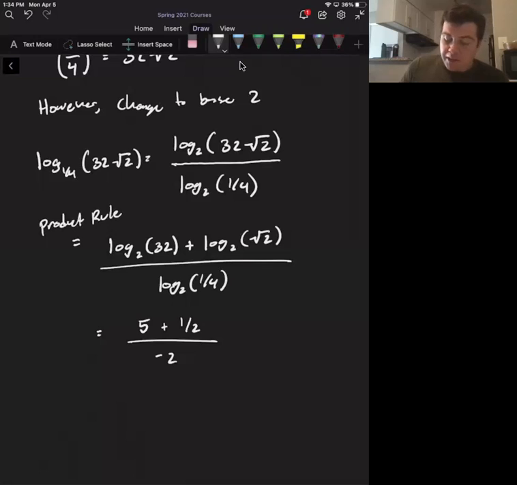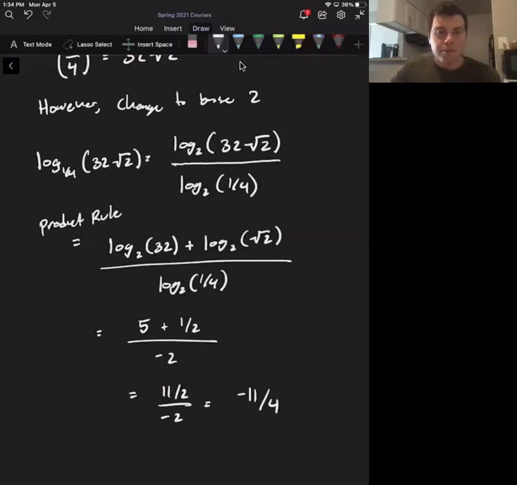And these are the answers right here. You should get 5 plus a half divided by -2. And if we combine the top as a single fraction, we'll get 11/2 divided by -2, or that's -11/4.